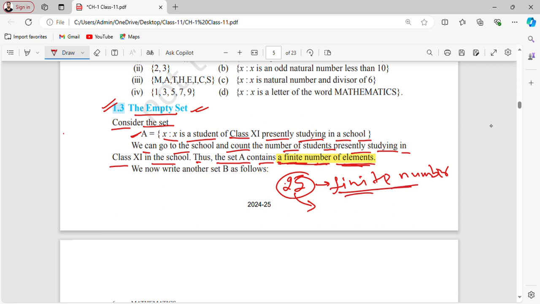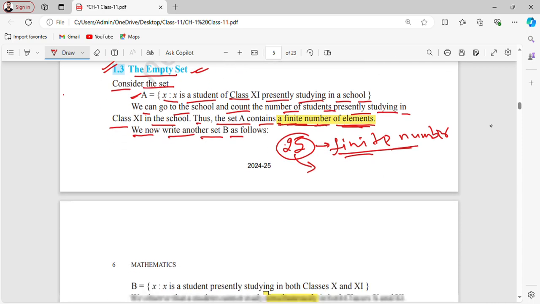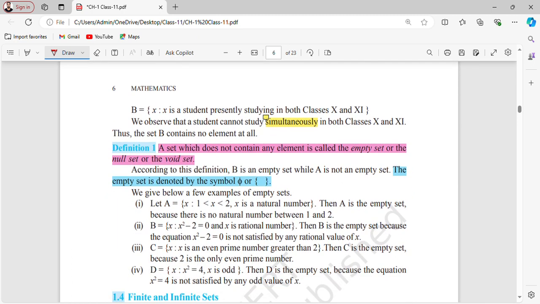Let's understand. We now write another set B as follows. B is the set of x such that x is a student presently studying in both classes X and Y. According to set B, we observe that a student cannot study simultaneously in both classes X and Y. Thus, set B contains no element at all.